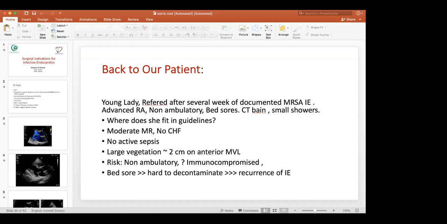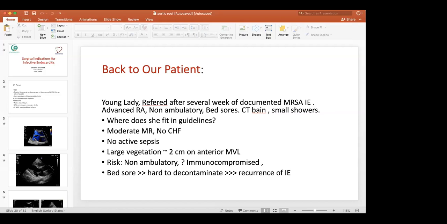There is a question mark about immunocompromise, if she is on any strong medication. And she is young to be bed-bound or immobile because of the rheumatoid arthritis. So we have to evaluate her more to see if she will be fit for surgery.